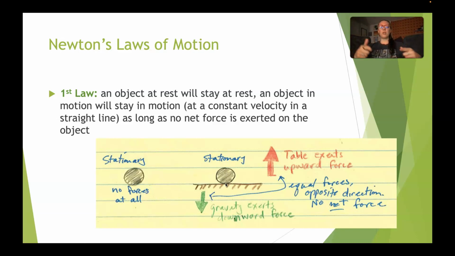In this drawing, gravity is exerting a downward force on the ball into the table, and the table is exerting an upward force onto the ball. Those forces are equal and opposite, which allows the ball to not move.